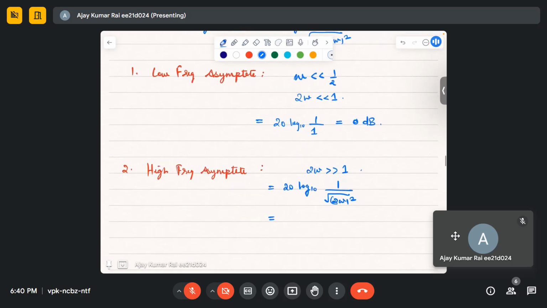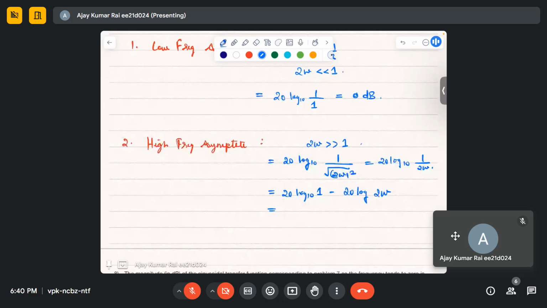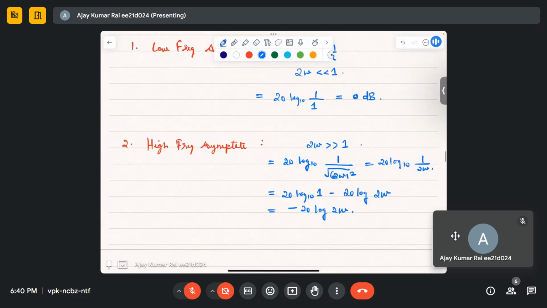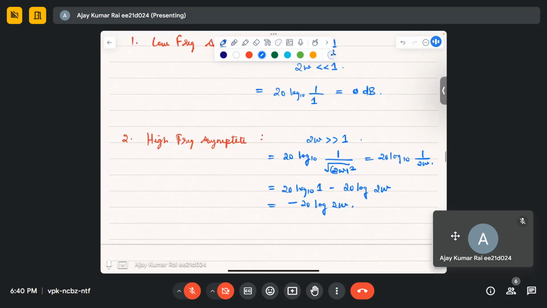So it will be equal to minus 20 log of 2 omega, because 1 by 2 omega, square root and square get cancelled. 20 log of 1 is 0, so minus 20 log of 2 omega. So we have just now found the high frequency asymptote also.